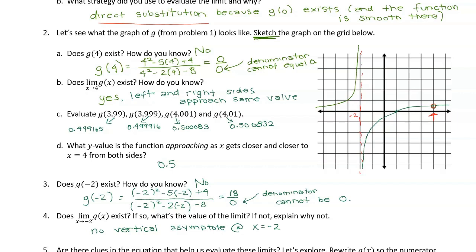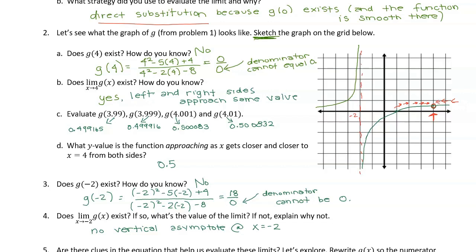But problem B is saying, does the limit exist? Well, let's go ahead and trace the function from the left. As we come in from the left, we do see that we can find the limit. We also can find an output value as we come in from the right.